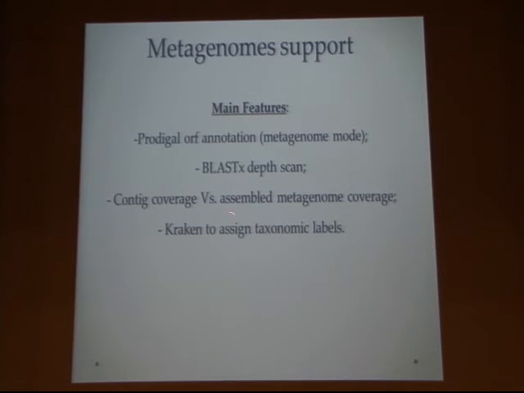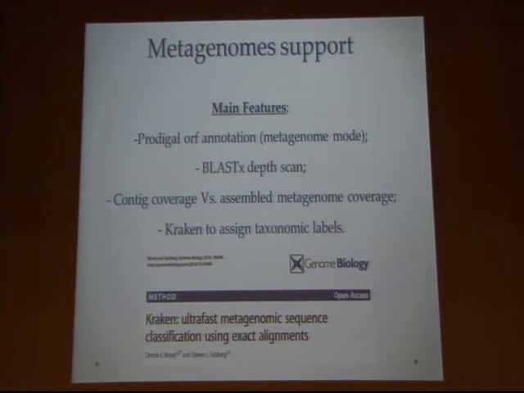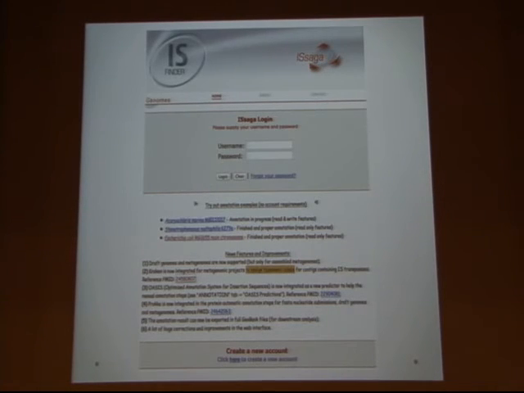And we have also a ratio between the contig coverage, I mean the assembly, and the assembly metagenomic coverage, which can help us to estimate overrepresented transposases. We also have taxonomic labels for each contig. These taxonomic labels are generated by Kraken software, which was released this year. And yesterday we had one talk showing that there are maybe other options for taxonomy prediction, other software. Maybe in the future I can use different ones.